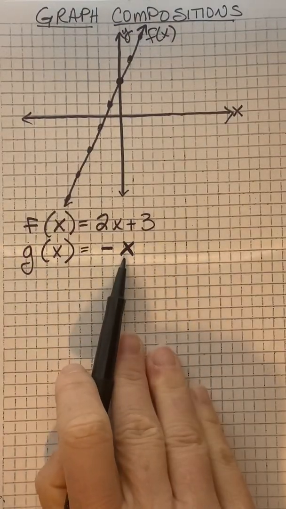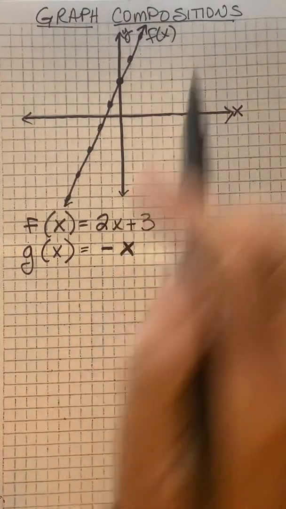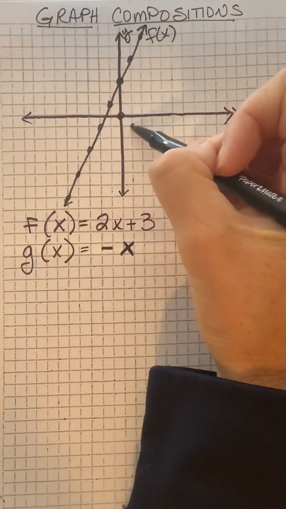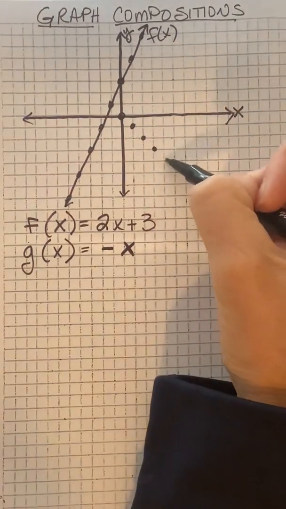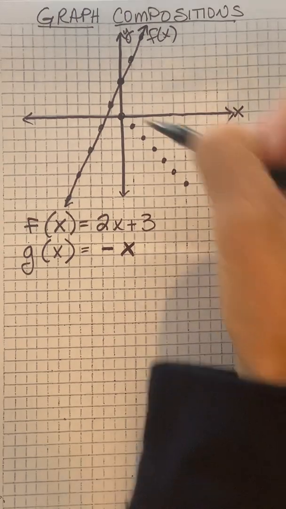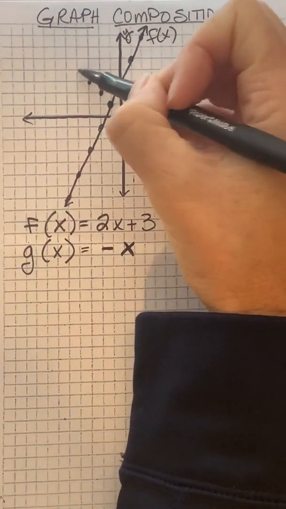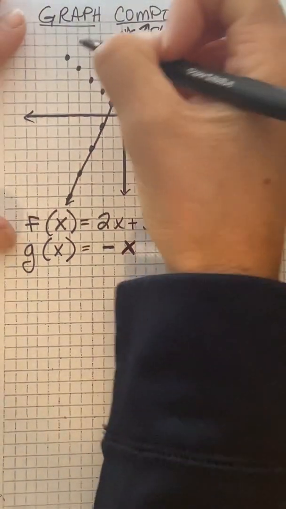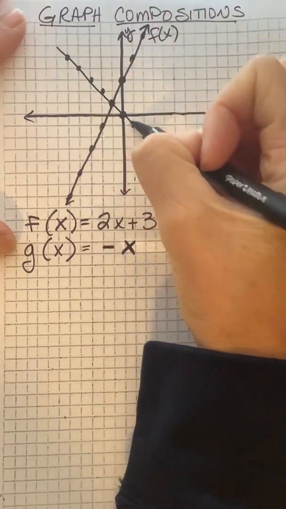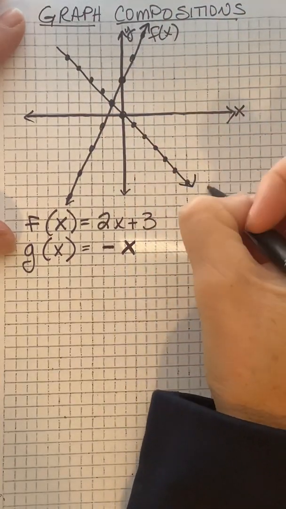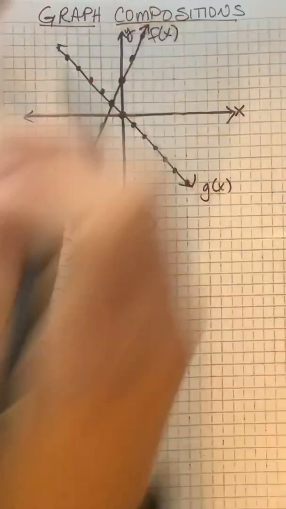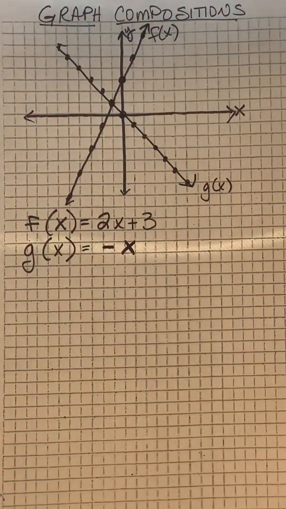Now I'm going to do -x. My y-intercept is 0. I'm going down 1 over 1. Why down 1 over 1? Well, because it's negative. Negative slope. All right. So this one is g of x. Sometimes I use colors, sometimes I don't so much.